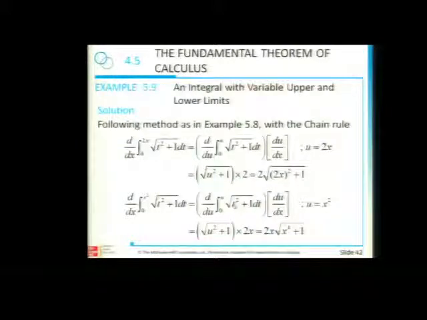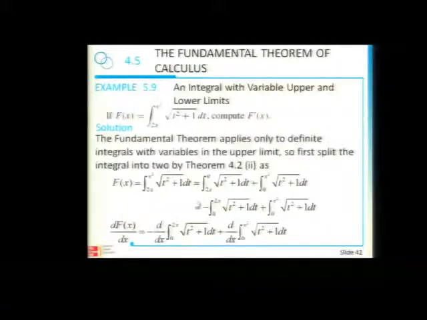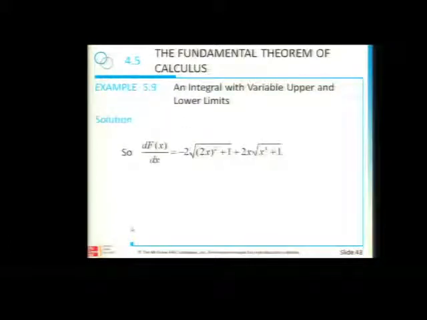So we replace t by u, so this becomes the square root of u squared plus 1. And then du/dx is 2x. So we can find that. And finally, substitute these two integrals, put it back here. That will give you the answer. So that's the answer you get at the end.